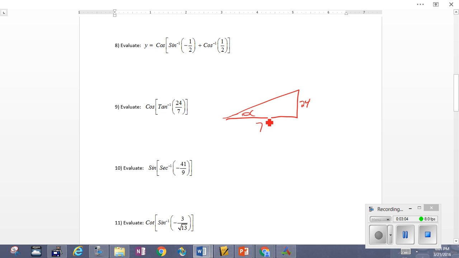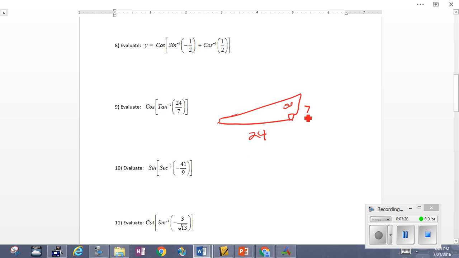Let's just set that up differently. So here's my 7, here's my 24, and here's my angle alpha.